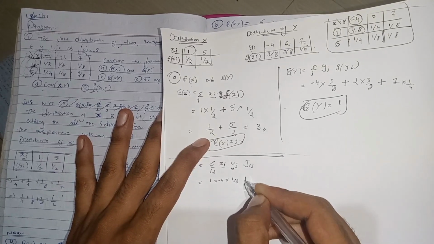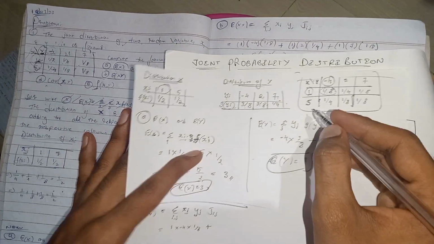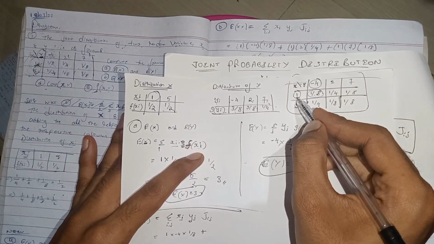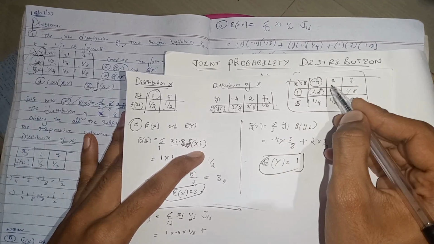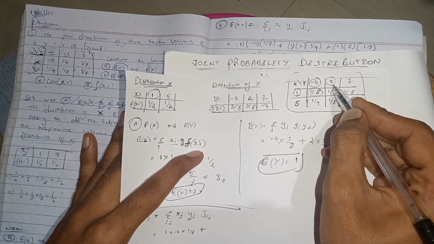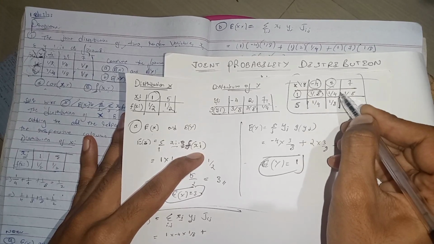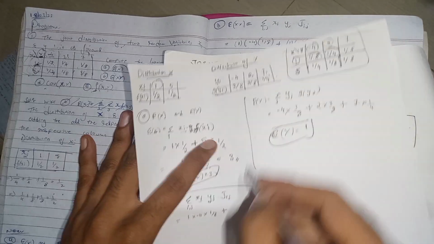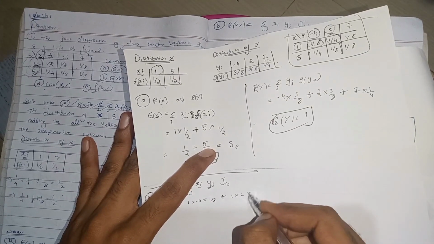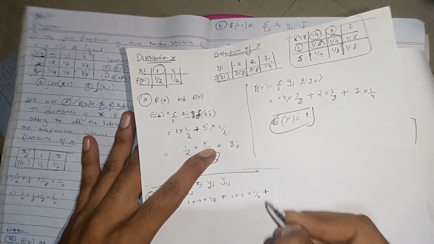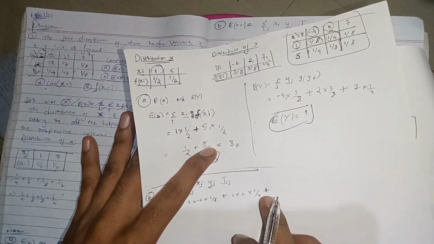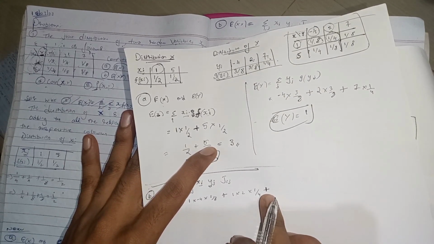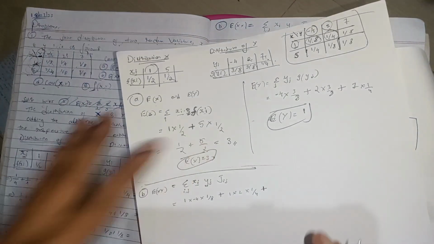So this is one set. Plus, now the same x value should be multiplied with the second y and second Pij, so 1 into 2 into 1 by 4, again plus. Don't forget to write the plus, which means you need to add all those things.